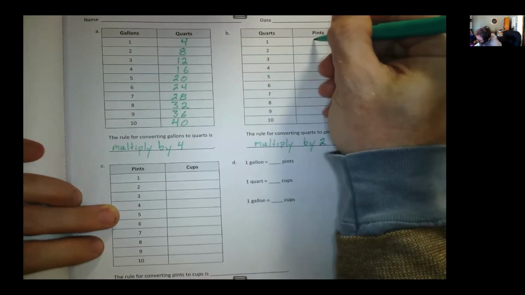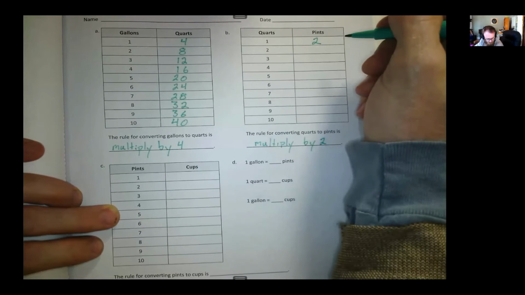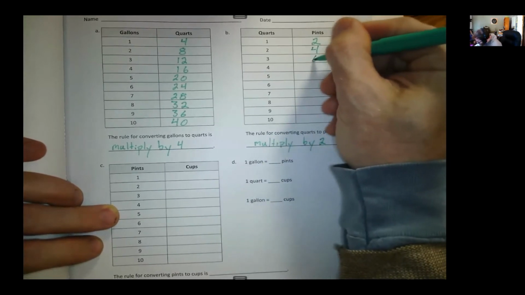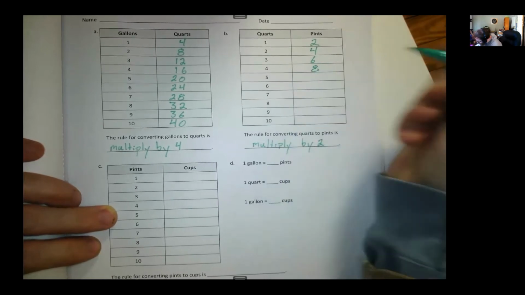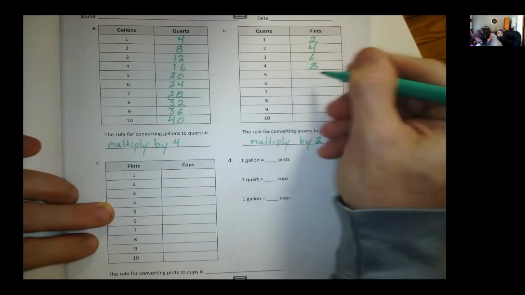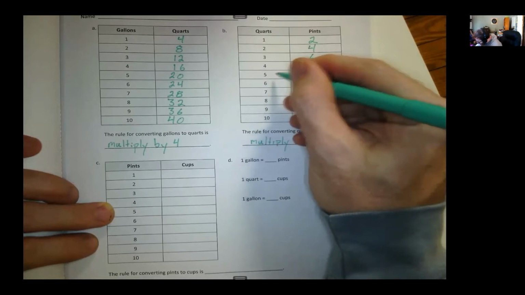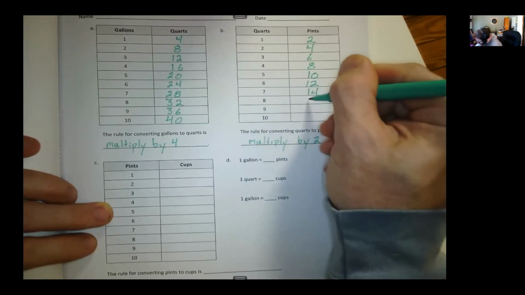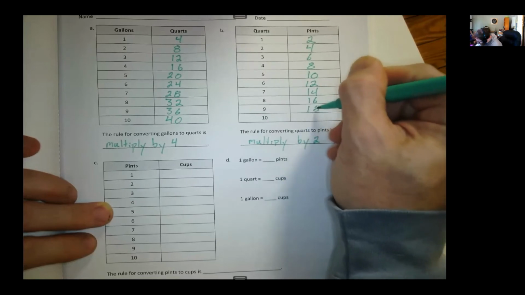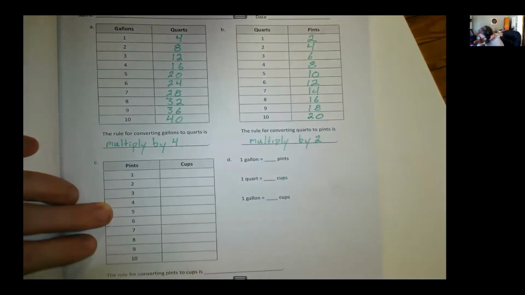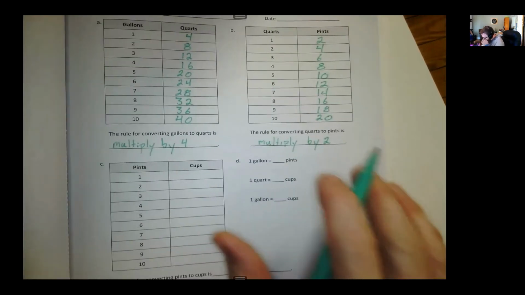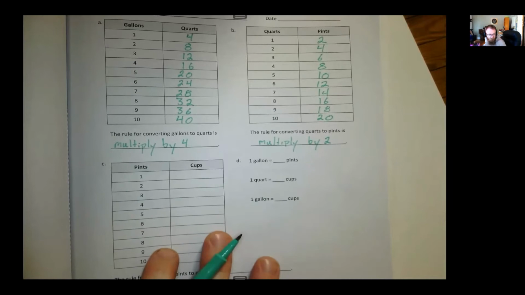So in 1 quart, there are 2 pints. 4, and this is an easy one to fill in because we're actually just going to be skip counting by 2s because we're adding 2 pints each time. In 5 quarts, there will be 10 pints, 12, 14, 16, 18, 20. The rule for converting quarts to pints is multiply by 2.